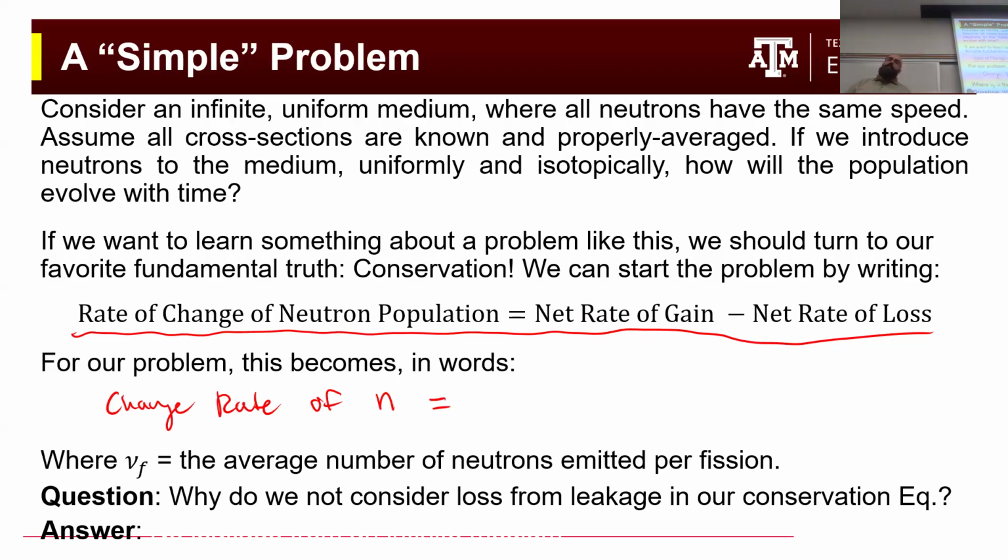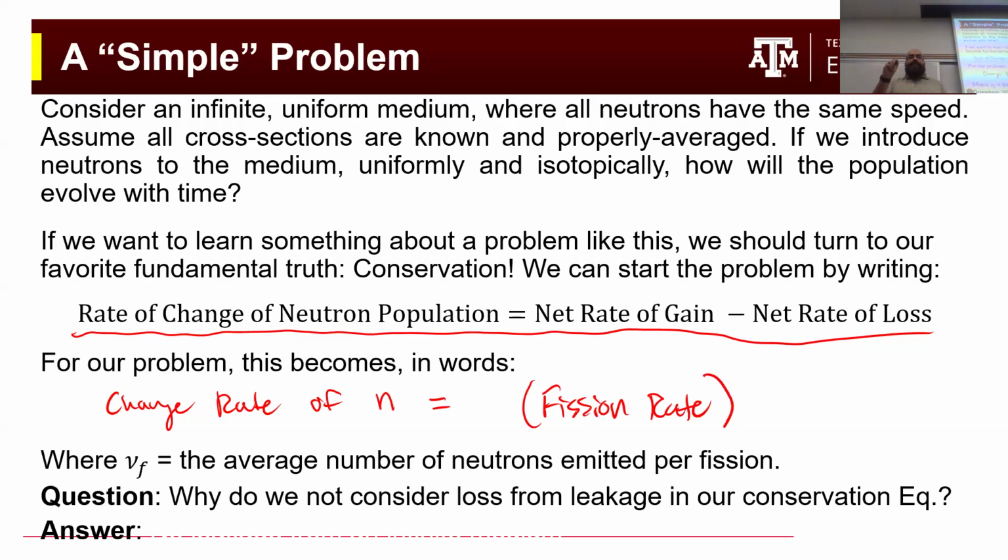So in this problem, how could we gain neutrons? What mechanism could add neutrons to the infinite reactor? Fission, right? So we're going to have the fission rate, and that's going to be our only gain mechanism if it's an infinite medium.